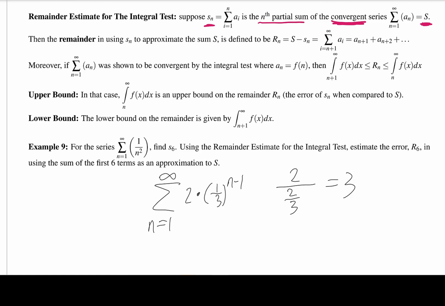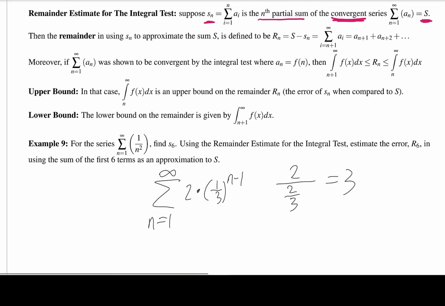But suppose we just look at S sub 2. S sub 2 would be the first term, 2 times 1/3 to the 1 minus 1, so it's 2, plus our second term. That was a sub 1; a sub 2 would be 2 times 1/3 to the 2 minus 1.